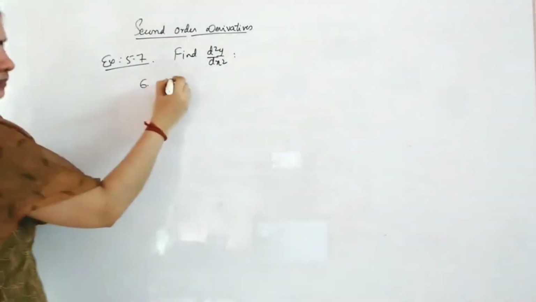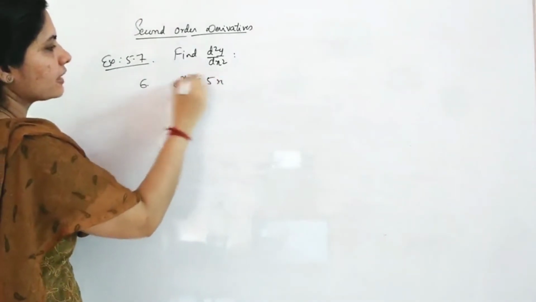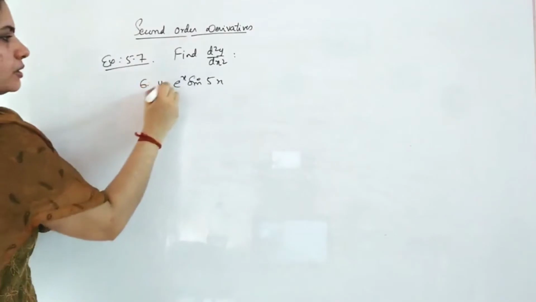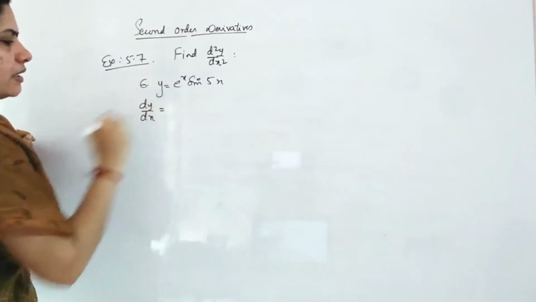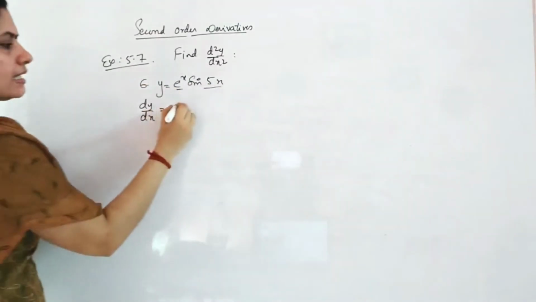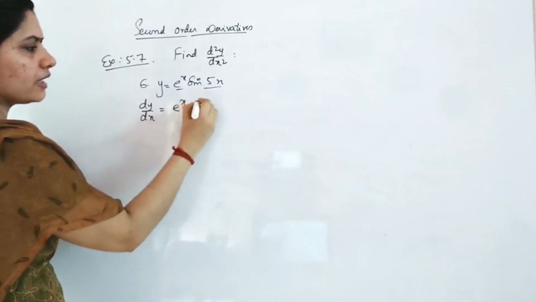Next one is e raised to x sine 5x. Two functions of x. Put it as y is equal to, differentiate first with respect to x, that is your dy by dx. Again use the product rule: e raised to x into derivative of sine 5x. What is the derivative of sine 5x?